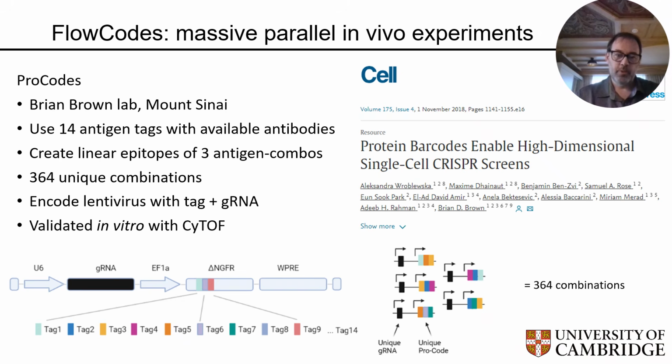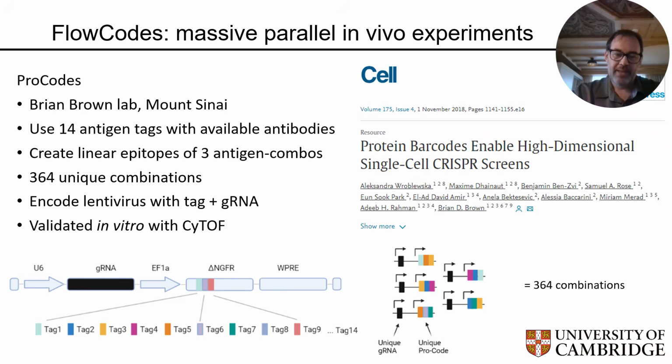And the real insight of the Brown lab was that you're not constrained by single markers. You can create combinatorial effects by, for example, using a triplet marker. If you use 14 different markers and combinations of triplets, you end up having nearly 400 different combinations of those markers.